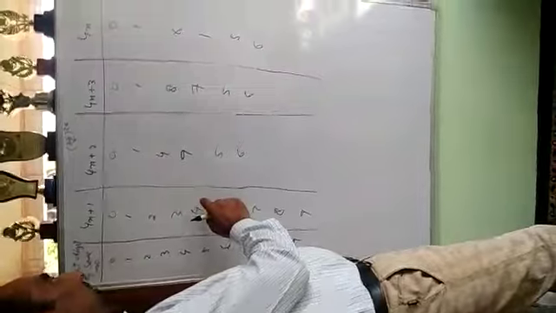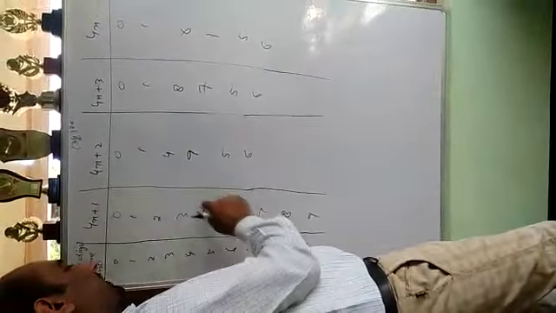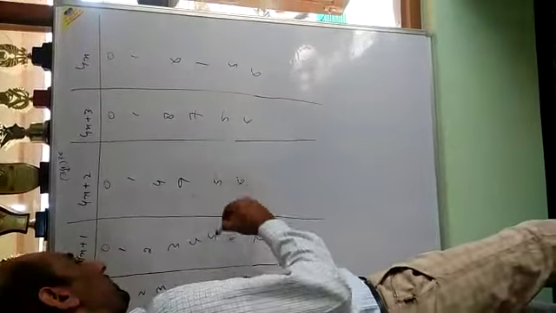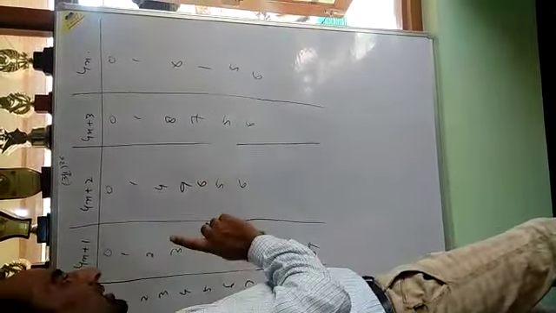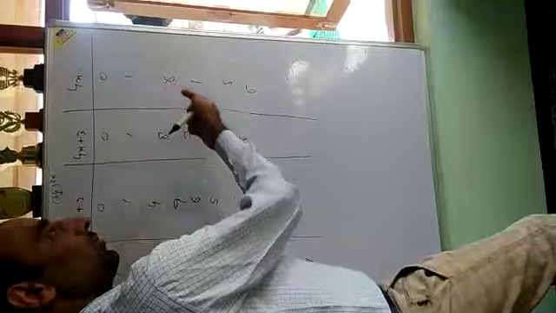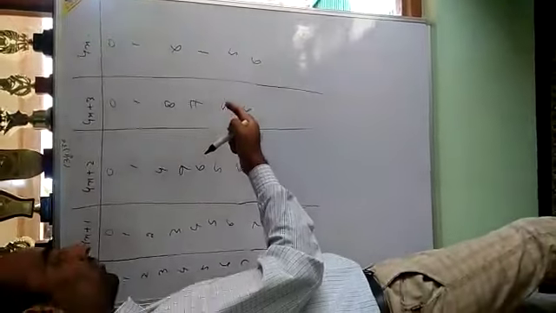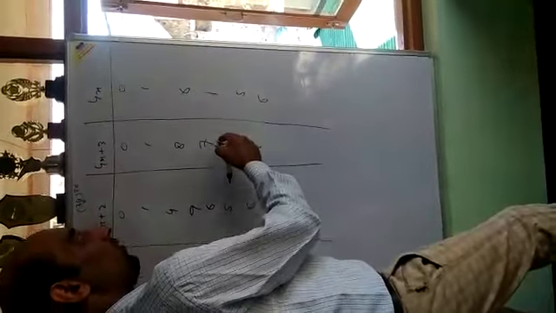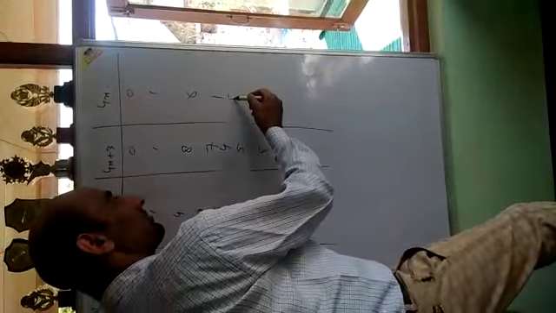Now see, 4 is repeated 1 time, so it's 4. 4 is repeated 2 times, so 4 into 4 is 16. So the last digit of 16 is 6, right? Now 6 into one more 4 is 24, so the last digit is 4. Now 4 into 4 is again 16.